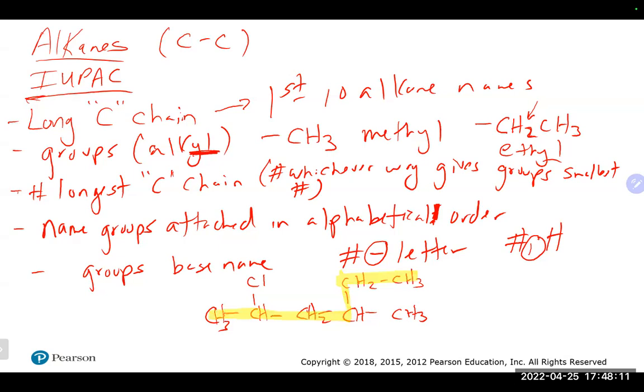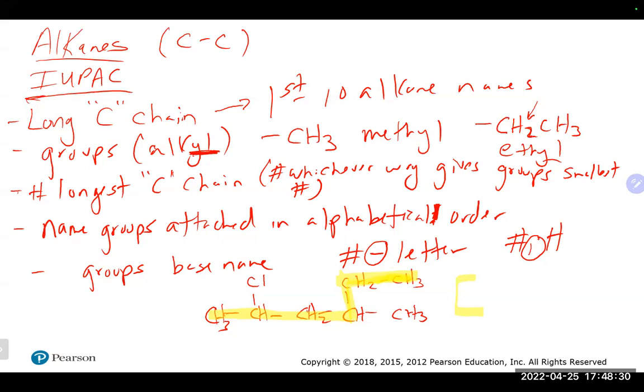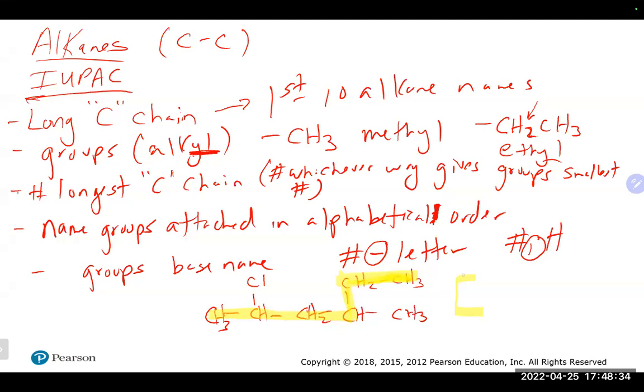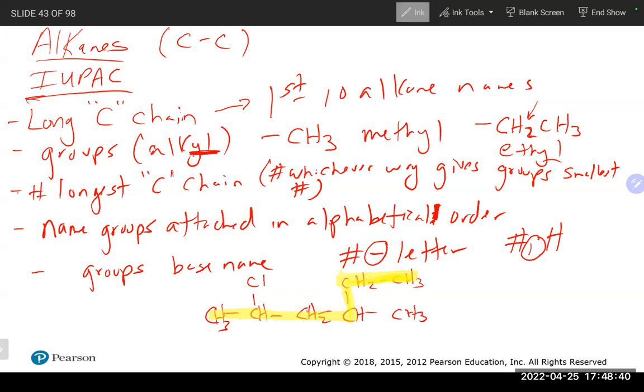The other option would be to go this way, which would be 1, 2, 3, 4 only, if you started at the top, came down, and made a right. So it looks like 6 is our longest continuous carbon chain. Again, it is not necessarily the straightest one, so you do want to check all your options. So we do have 6, 1, 2, 3, 4, 5, 6.